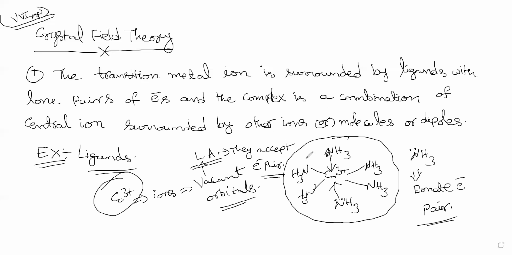This group of molecules has a specific nature. They contain charges: you have a central metal ion surrounded by negatively charged entities or dipoles. Dipole is another kind of situation. NH3 is a neutral molecule, and that's a dipole situation. Water can also form a dipole.